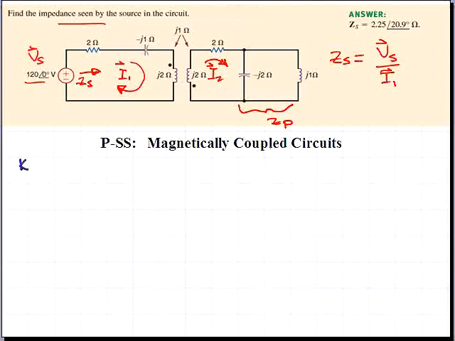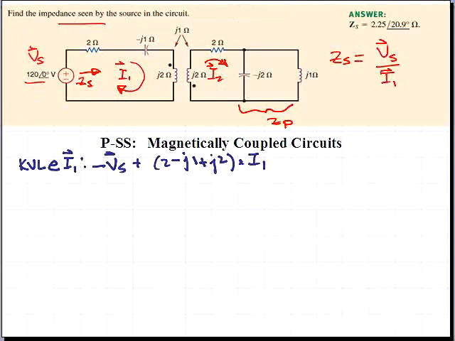So we'll begin by doing a KVL equation summation around the mesh current I1. And we'll have minus V sub S plus (2 minus j1 plus j2), these are all impedances times the current I1.